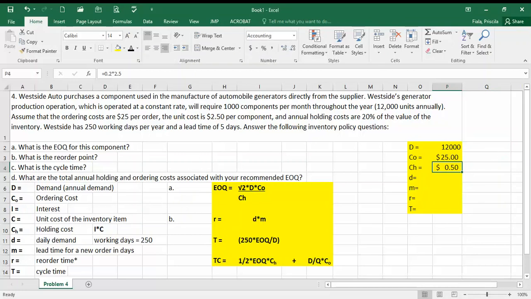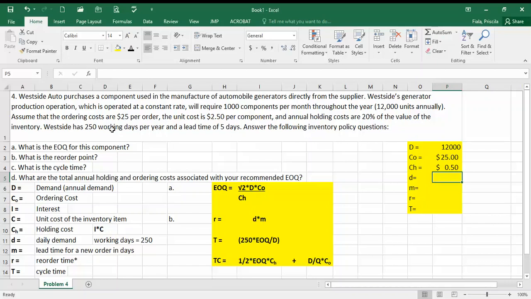So this we know is a dollar amount. Let's continue right here. Assume that the ordering costs are $25 per order, the unit cost is $250 per component, and annual holding costs are 20% of the value of the inventory.